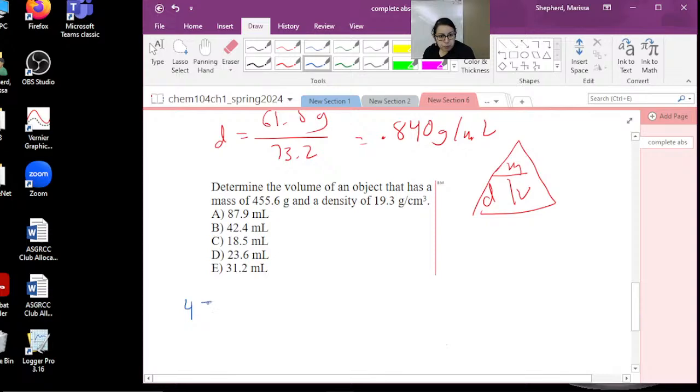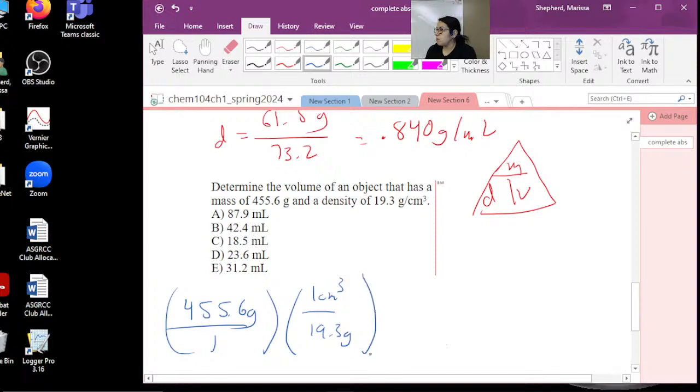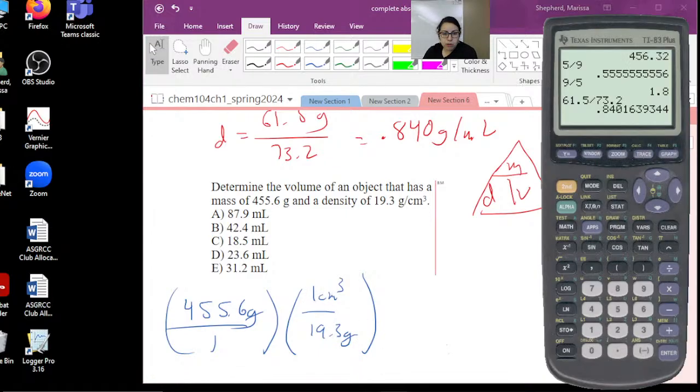But if we plug that in, double check that your dimensional analysis makes sense. So divided by our density, that means 1 centimeter cubed on top, 19.3 grams on bottom. And notice those grams cancel out really nicely, leaving you with centimeters cubed or milliliters on top, which is what you're looking for.